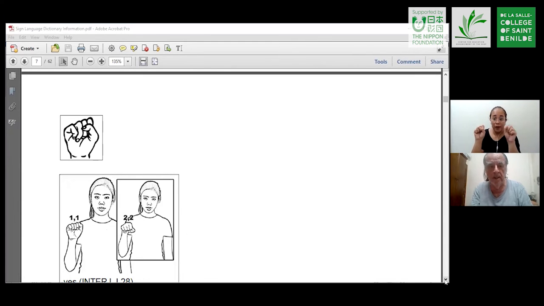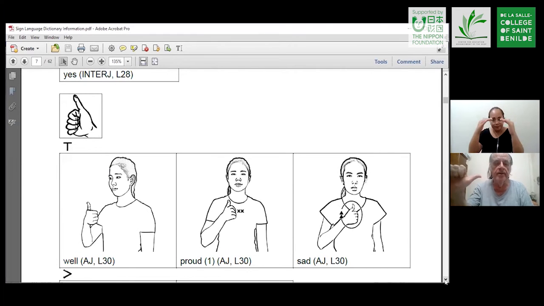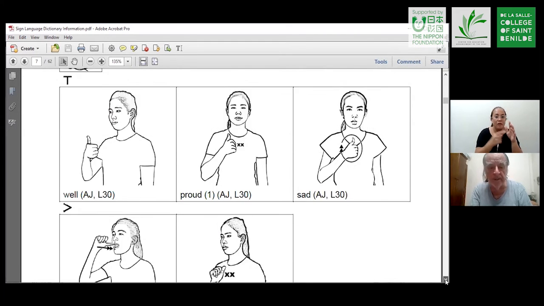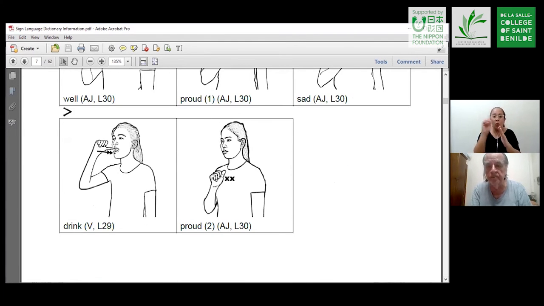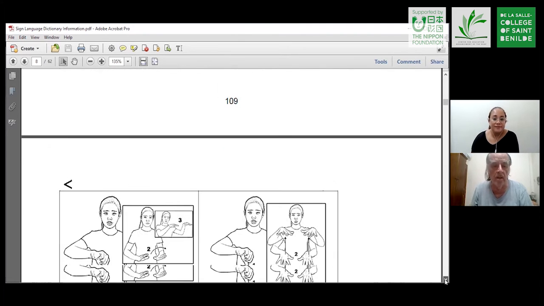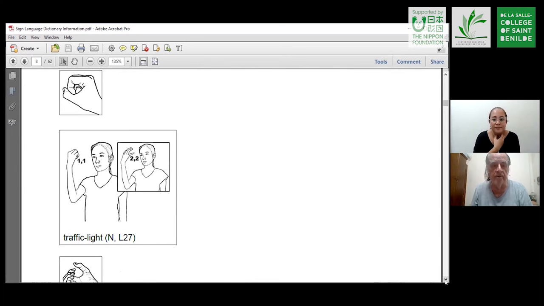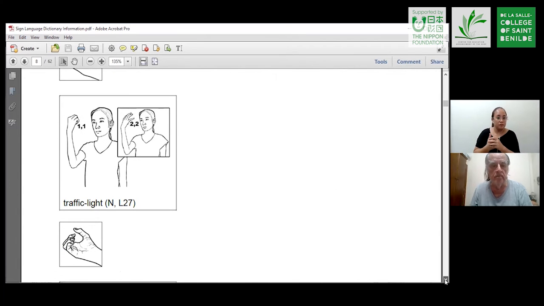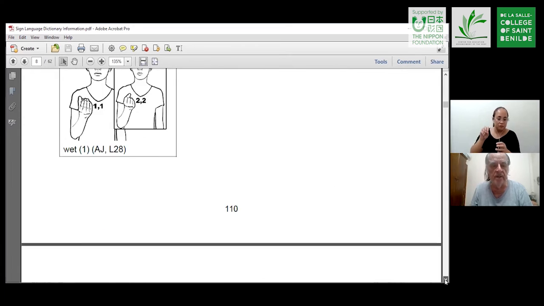We'll go along a little further. With the A with the thumb extended, you did need to put in palm orientation, but in the first set, you don't need finger orientation, only palm. Again, traffic light, basically only one sign.